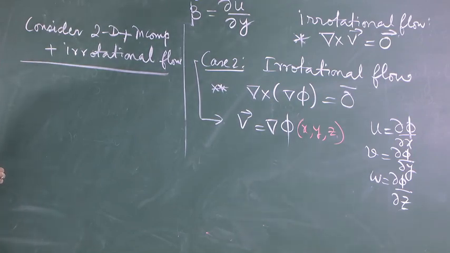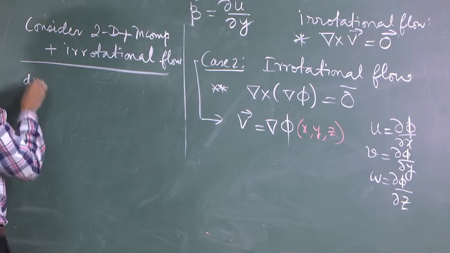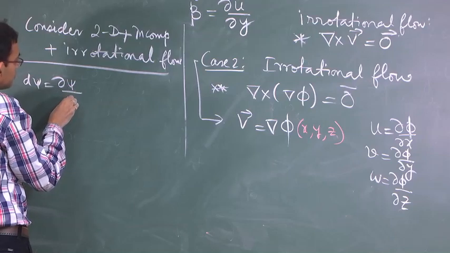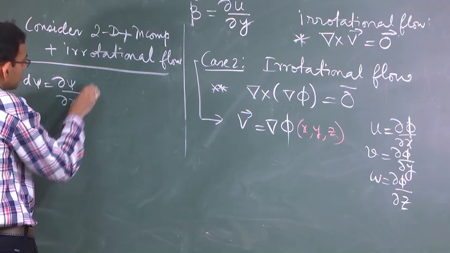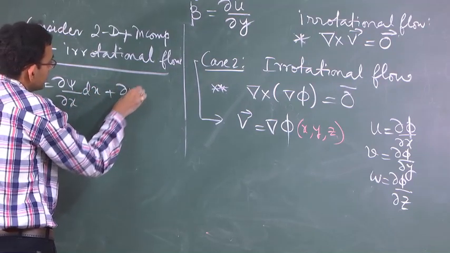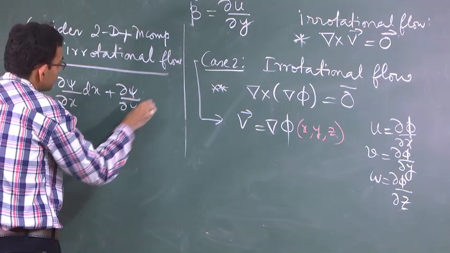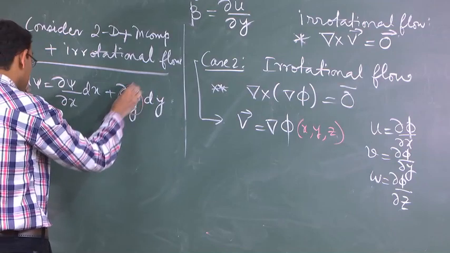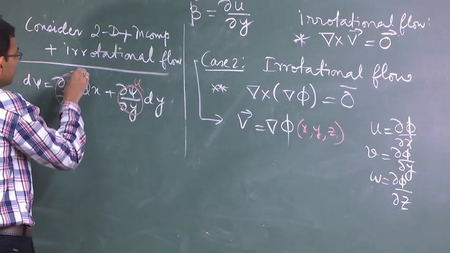So, now you can write d psi, this we have already written. So, this is u, this is minus v.